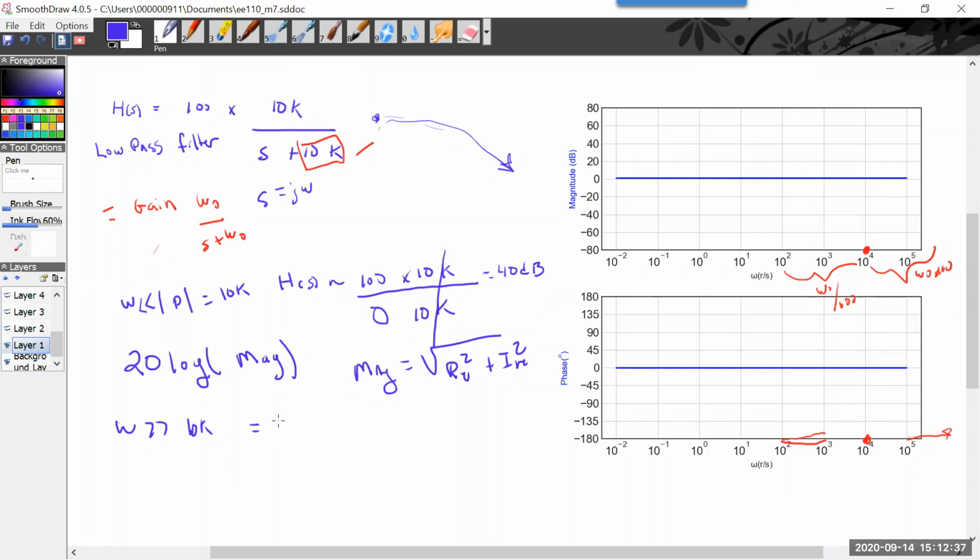So that's going to be 100 times 10K, and then it's going to be s, because s is much bigger than 10K.